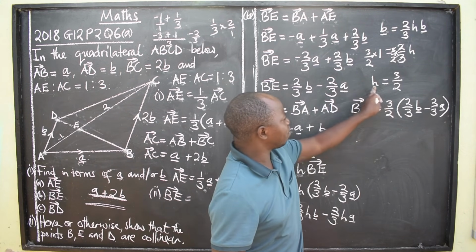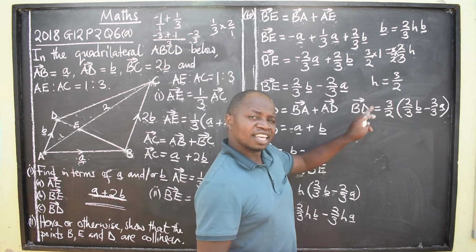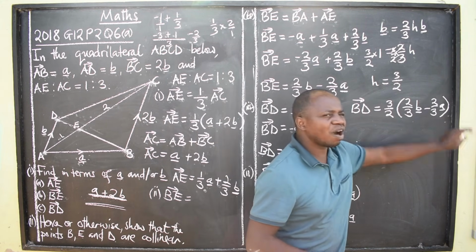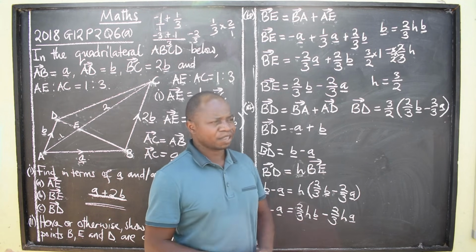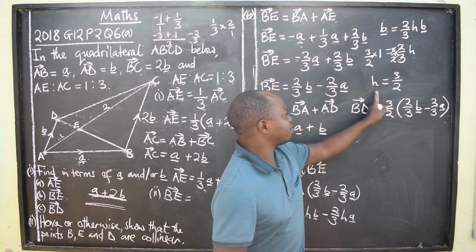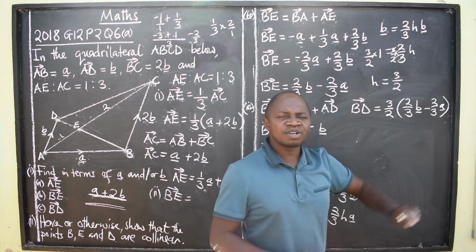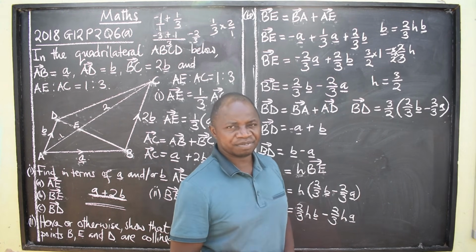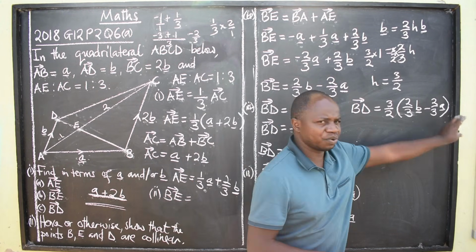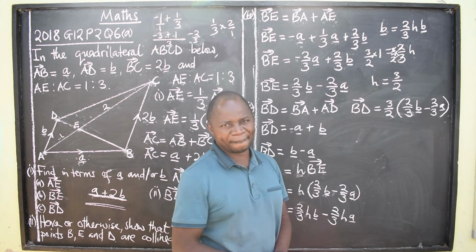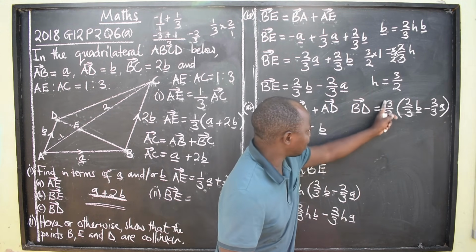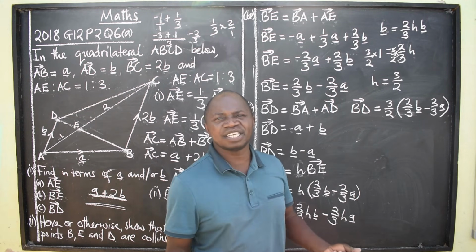This is the value of H. At this point, you have satisfied the condition for collinearity. Whenever you find the value of H here, it means you have satisfied the condition, and this tells you that the points are collinear. As long as you find the value of H here, then they are collinear.